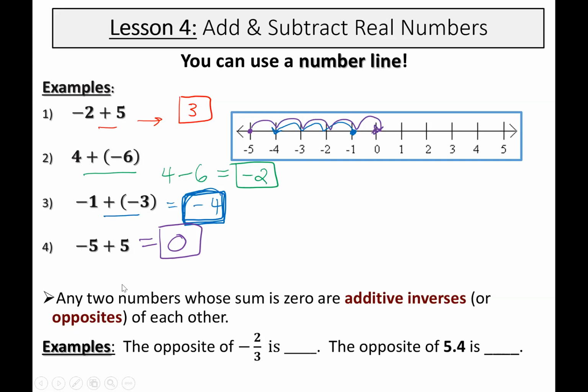So for example, the opposite of -2/3 would be positive 2/3. The opposite of 5.4 would be -5.4. So that's all there is to the idea of opposites. So you're just taking the opposite sign or changing the sign from positive to negative. And again, anytime you add opposites, their sum or their answer to that addition problem would be 0. They kind of cancel each other out.